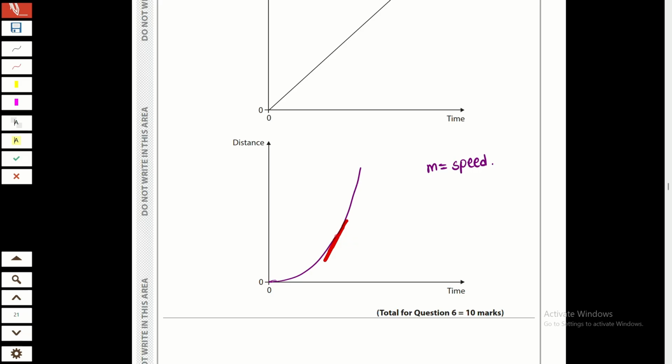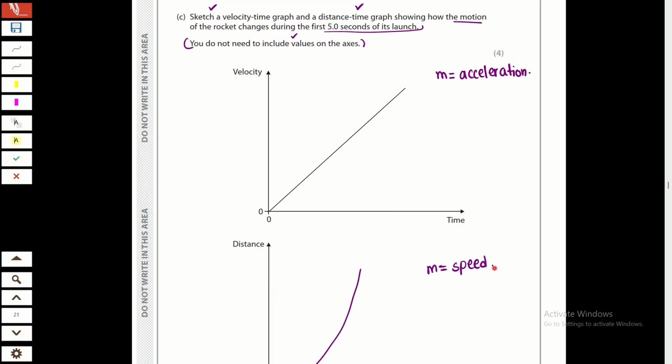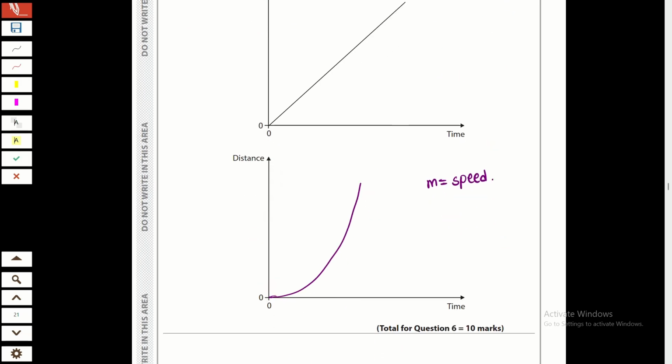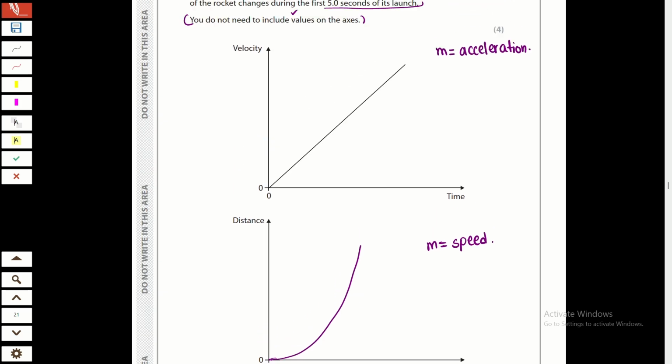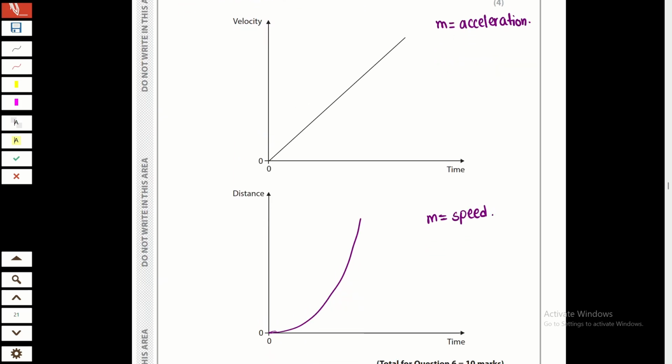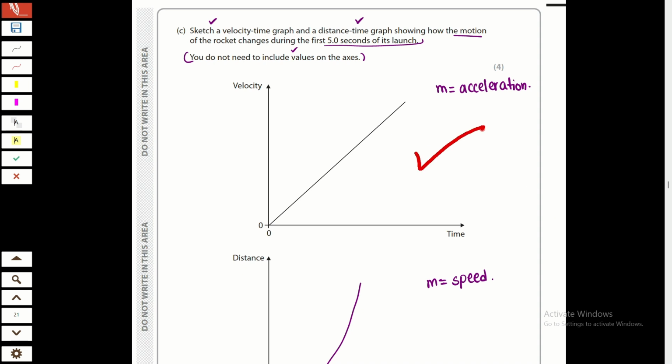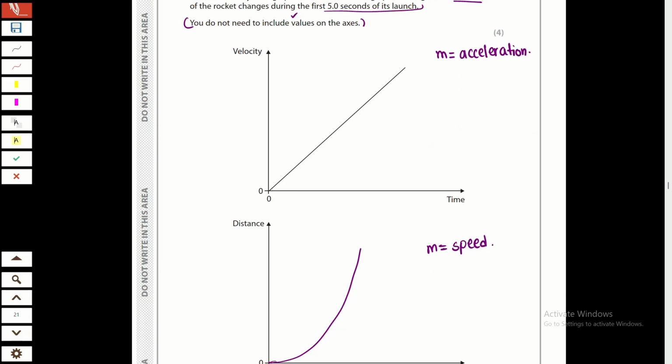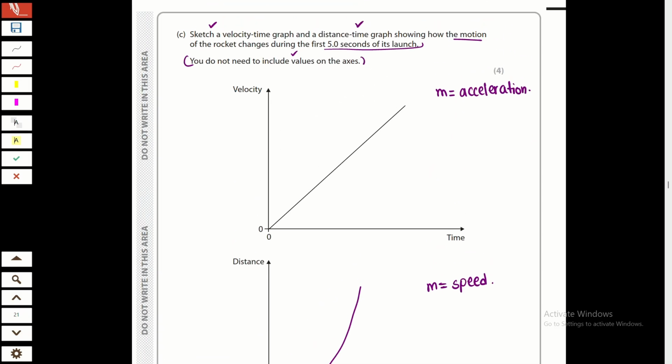If you draw a tangent at this point, and if you draw a tangent at this point, the tangent at this point is much steeper than the tangent at this point, which shows that the speed or velocity is greater here than here. And gradually the graph is getting steeper because the gradient or the velocity is gradually increasing. So this should be the graph for distance time, and this should be the graph for velocity time.